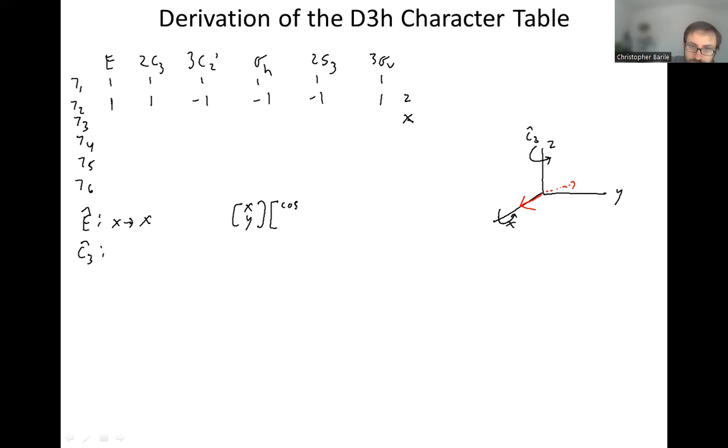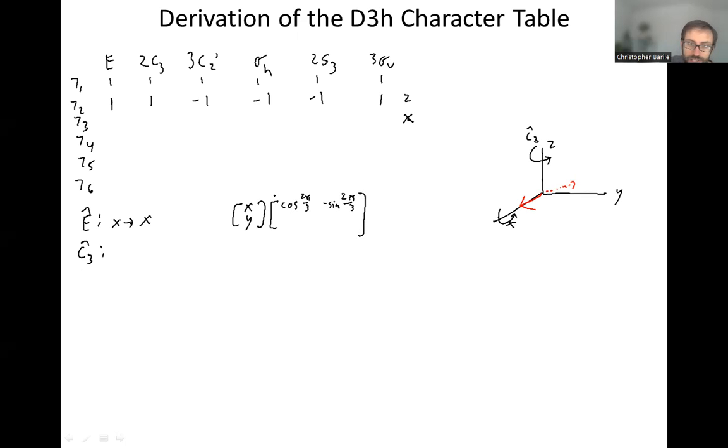There are theta values for all 4 elements of this 2x2 matrix, and theta is going to be equal to 2 pi over n. We're doing n equals 3, so it's going to be cosine 2 pi over 3, and negative sine 2 pi over 3.